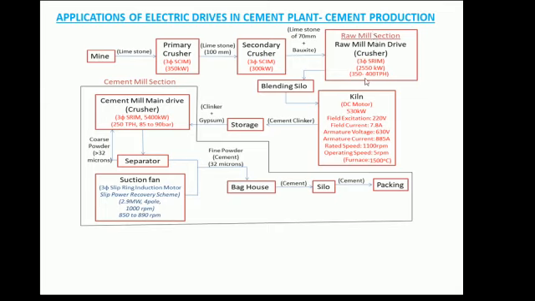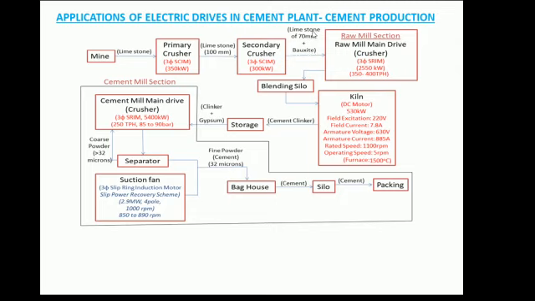That means the capacity of this raw mill main drive is 350 to 400 tons per hour. The function of this raw mill main drive is to crush the mixture of limestone and the bauxite.